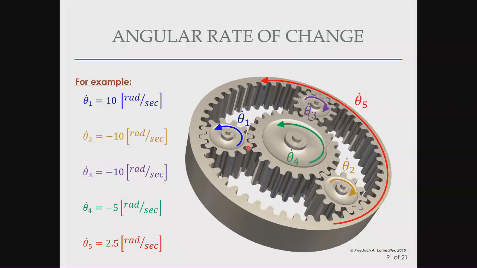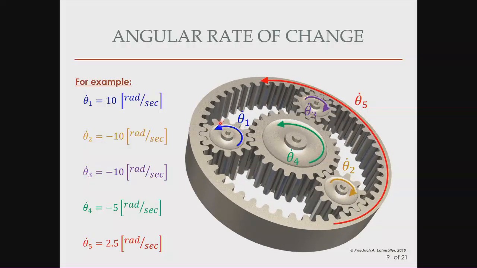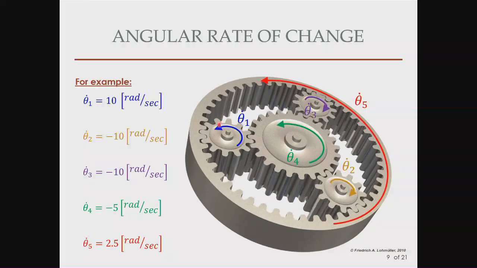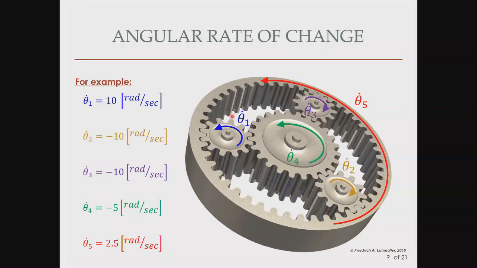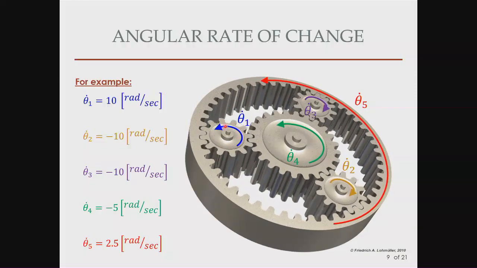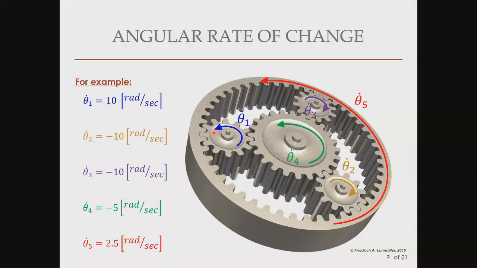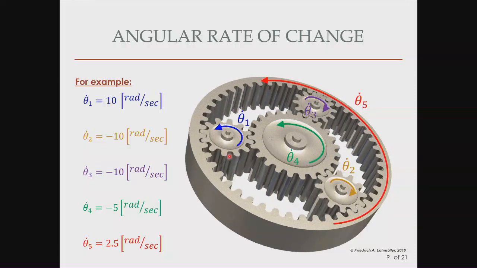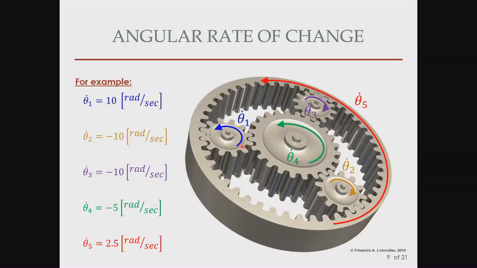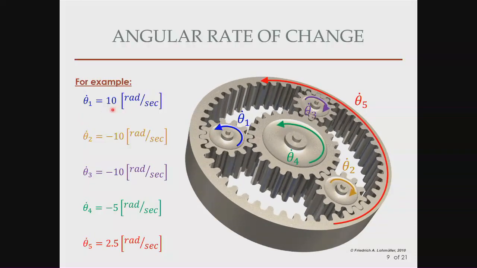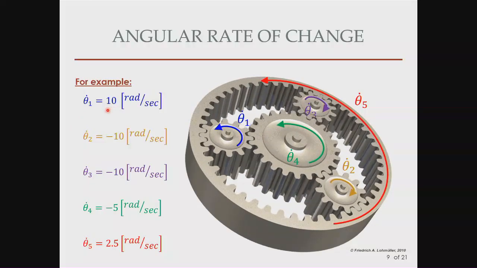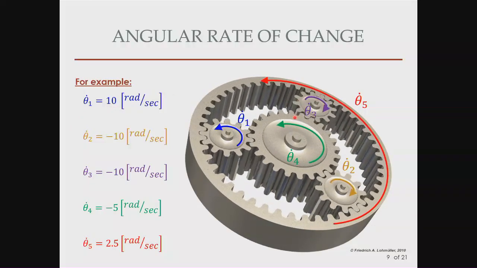So for instance, for theta 1 dot, the blue one here, this is the positive direction, and it is actually rotating in that direction, so the value here is positive. Let's see another one.